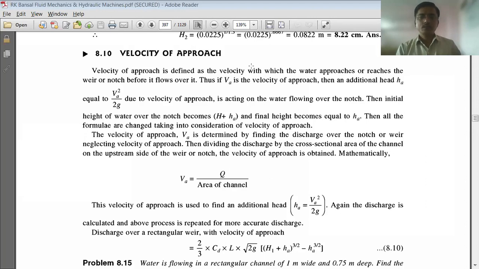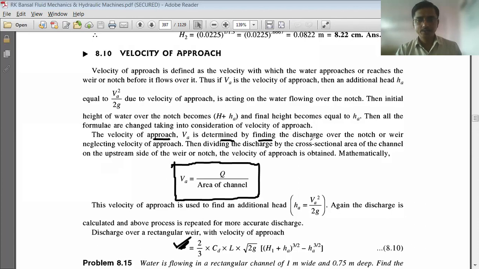Okay, so I think you have noted down the formula for this velocity of approach. Now write down this formula also, below the velocity of approach formula. The velocity of approach VA is determined by finding the discharge over the notch or weir, neglecting velocity of approach. First, we find VA by neglecting the velocity of approach, because initially we do not know the velocity of approach.